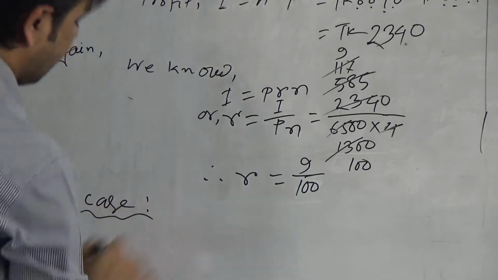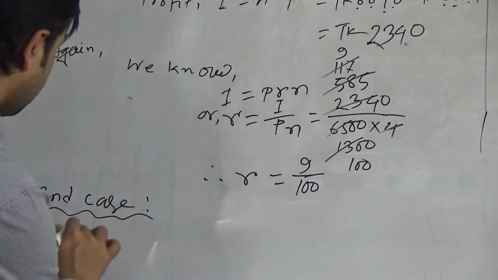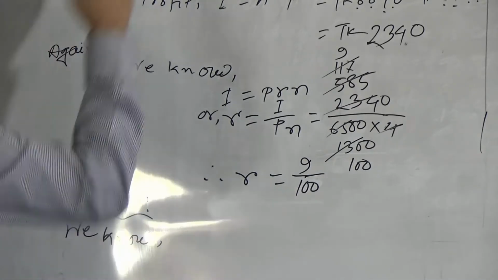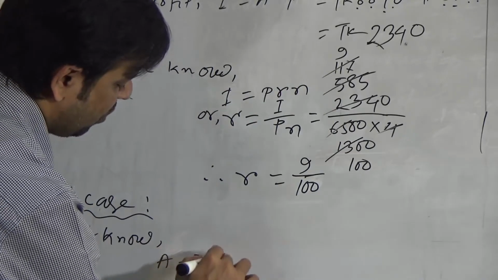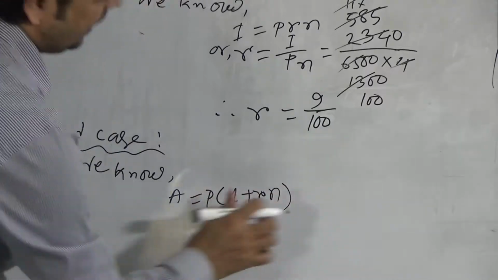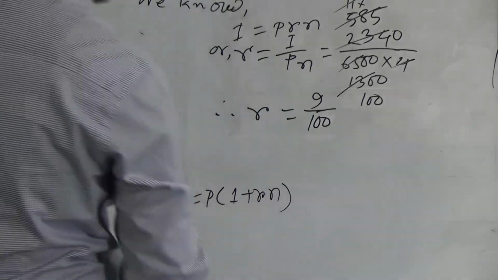What is the second case here? In the second case, profit principal is given, so we need to write the formula A equal to P into (1 plus Rn). Here the value of R we know, the value of N we know, and the value of A we know.